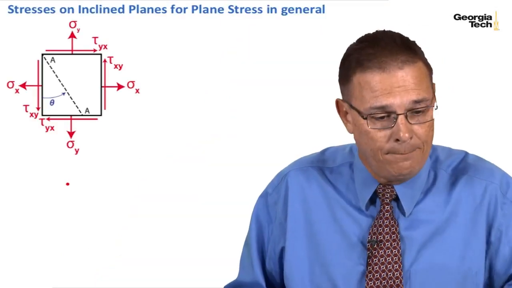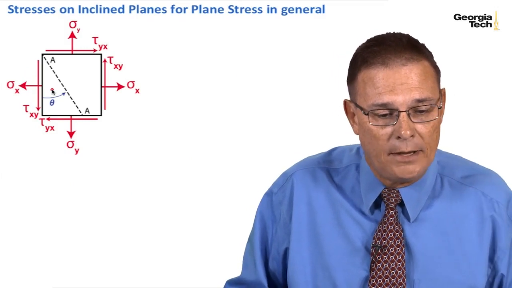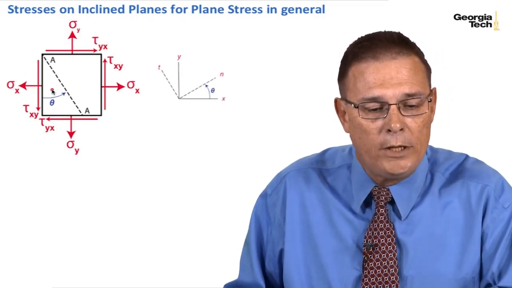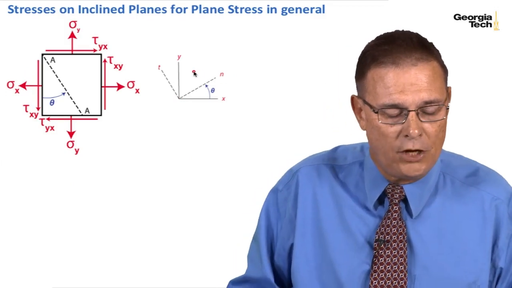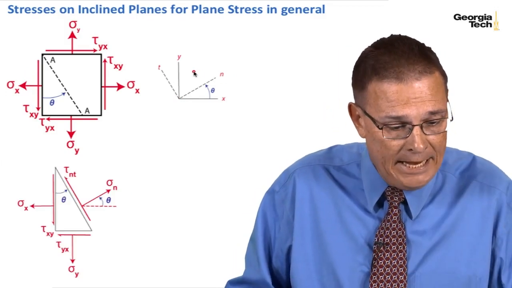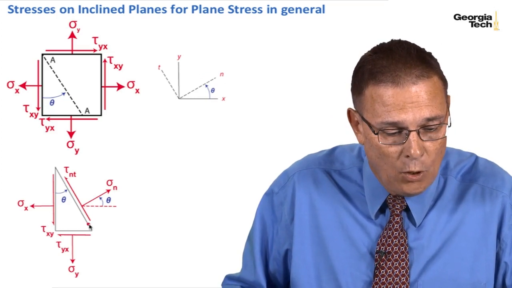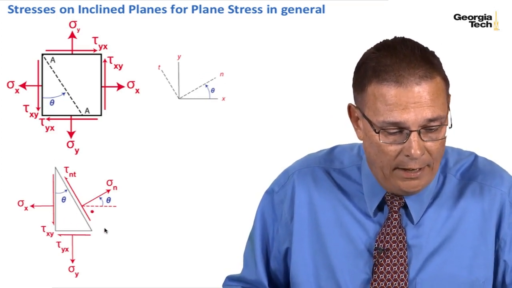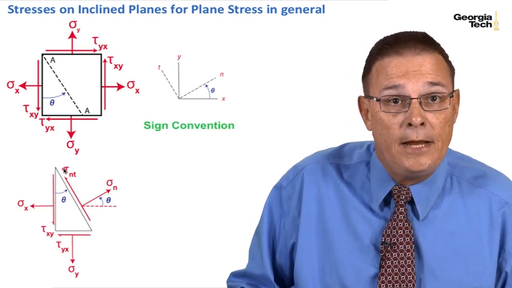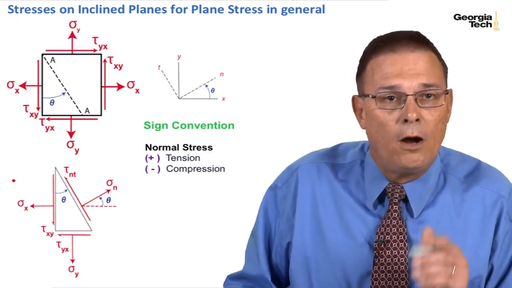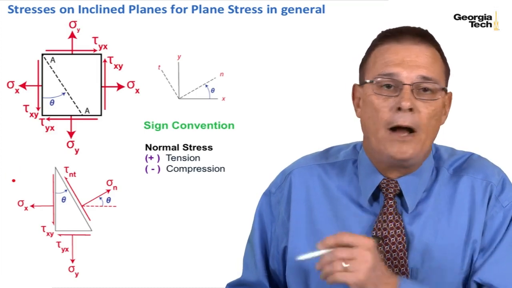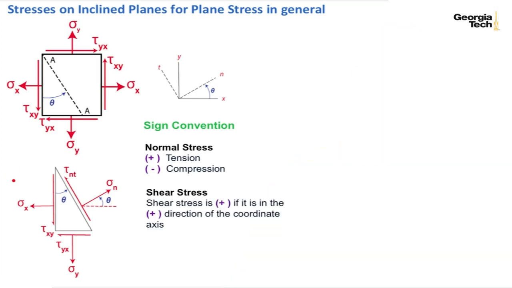Here again, I take a cut on an inclined plane. I'm going to define coordinates for the inclined plane in the normal and the tangential direction, and I show the stresses here. The sign convention will be the same as what we've used before. Normal stress will be positive in tension or negative in compression.